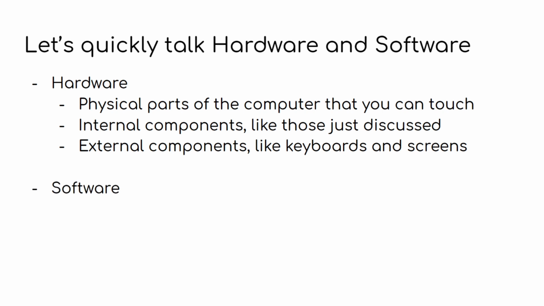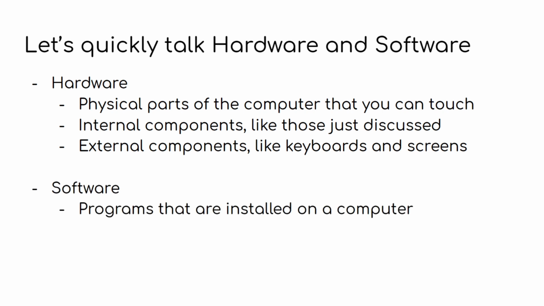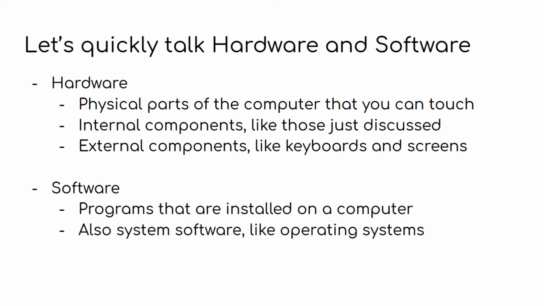But software. Now when we talk about software, this might be pretty obvious for a lot of you, but software are the programs that are installed on a computer. So when I talk about software, I'm talking about the things that exist only within the functioning hardware computer. So, like I said, system software like operating systems.